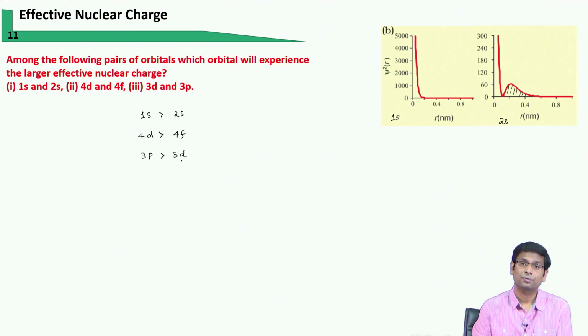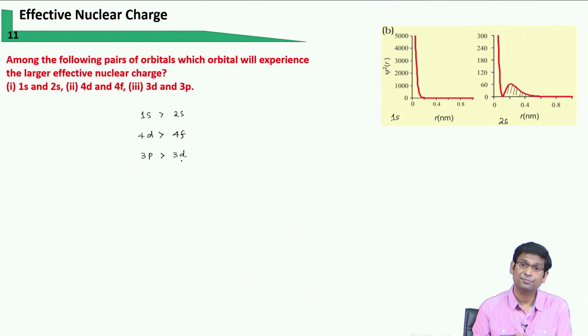Similarly, in this case we kept the nuclear charge the same and compared different orbitals. But suppose I say aluminum and silicon, both have valence electrons in 3p. Which electron will experience more nuclear charge, in aluminum or in silicon? In that case, you have to pay attention to the number of positive charges in the aluminum and silicon nuclei.